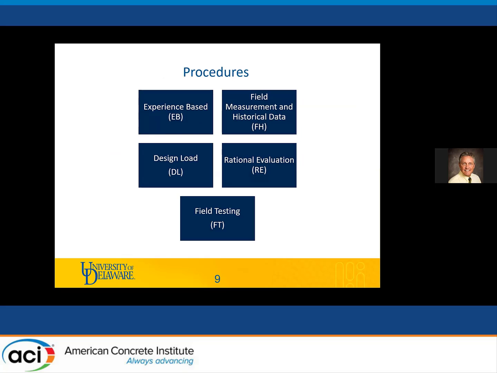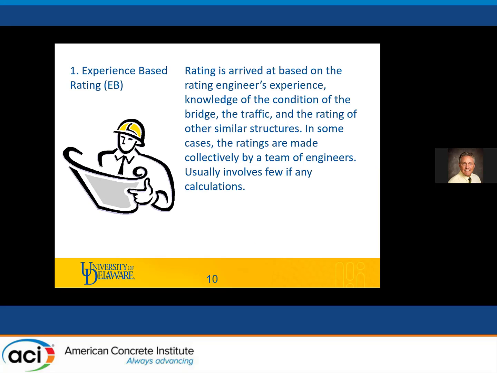Now, the procedures: we could group them into 5 general areas. Those general areas we termed experience-based, field measurement and historical data, design load, rational evaluation, and field testing. So I'll quickly go through those approaches.